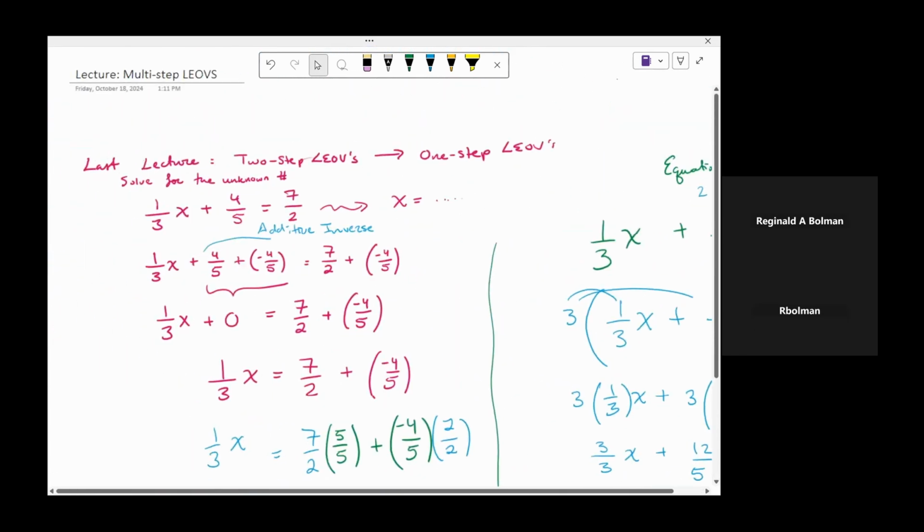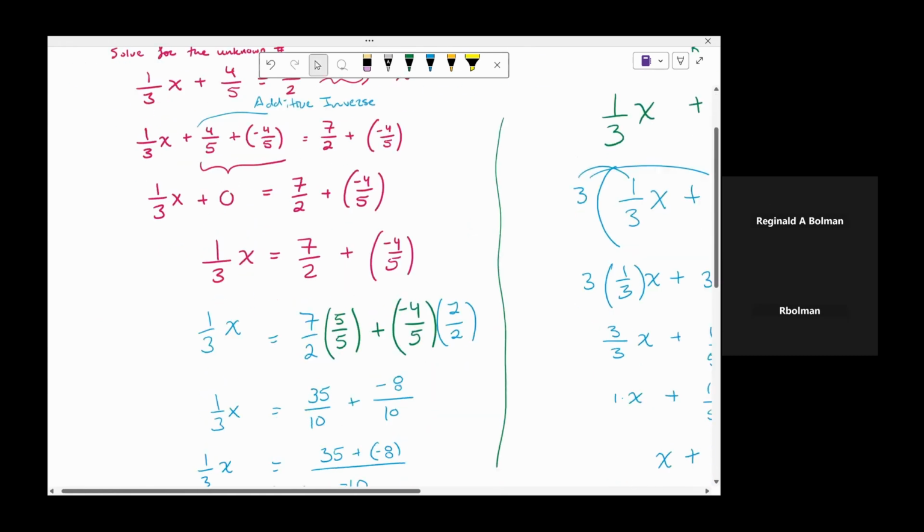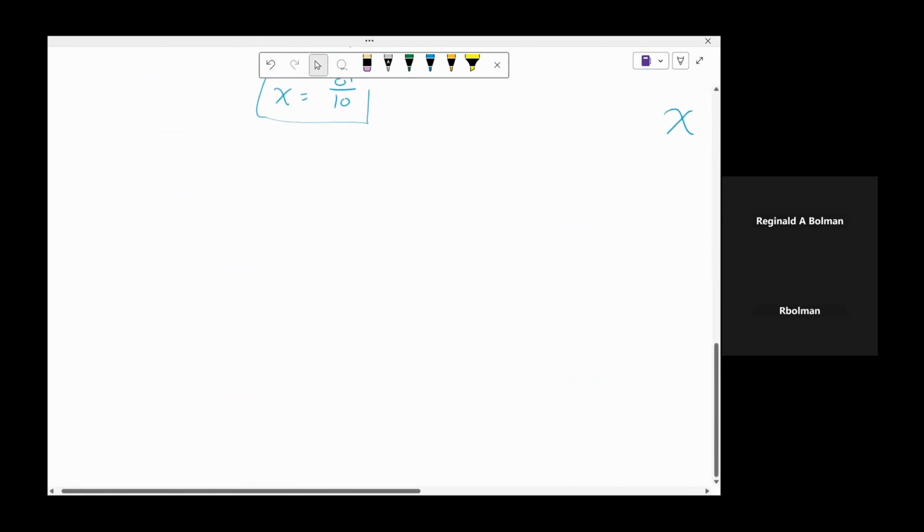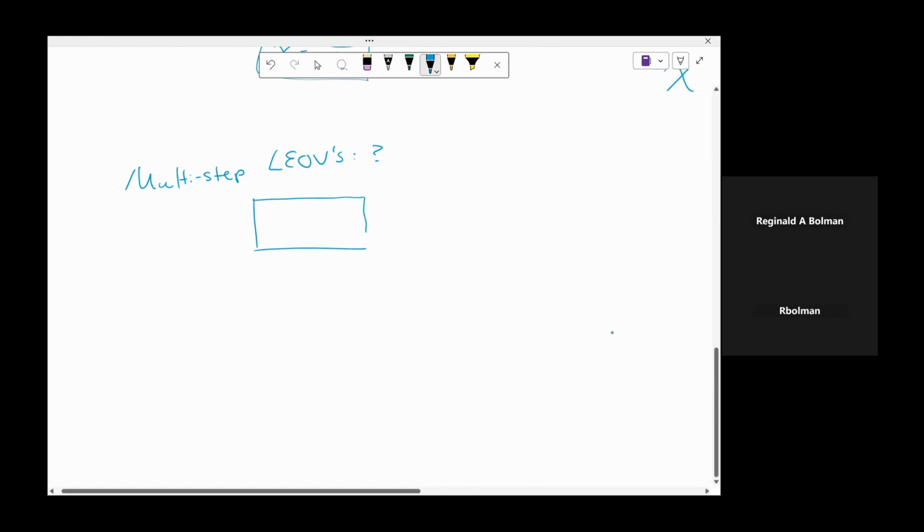So for today's lesson, we're going to discuss what happens when you start to encounter equations that are very, very complicated, what we call multi-step LEOVs. Well, the good news is, we have a problem-solving strategy that will allow us to address any instance where we might be presented with a more complex linear equation of one variable.